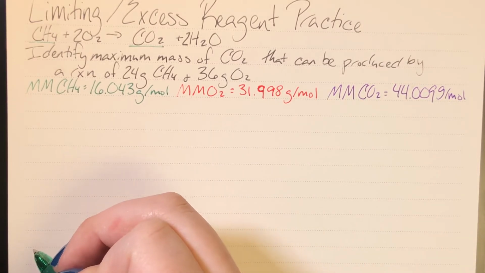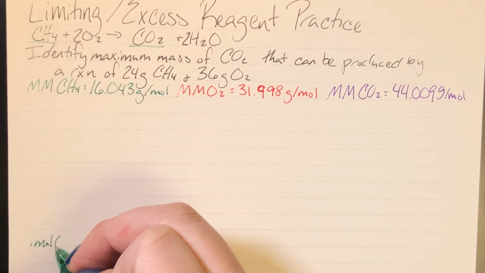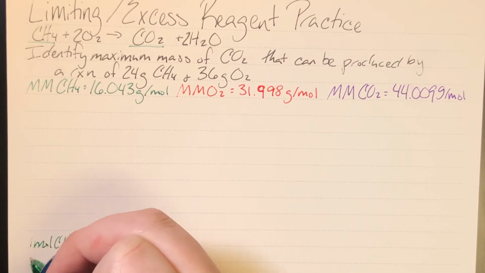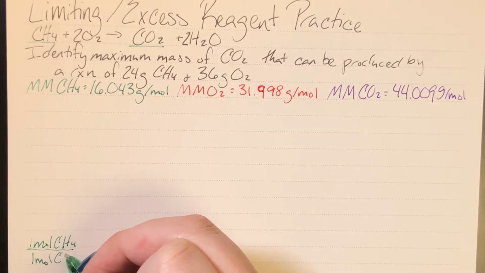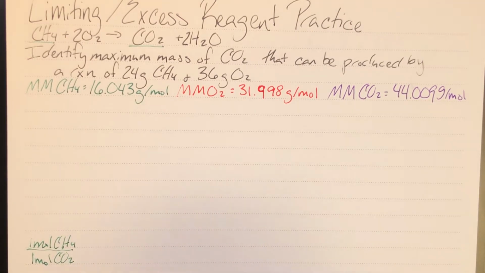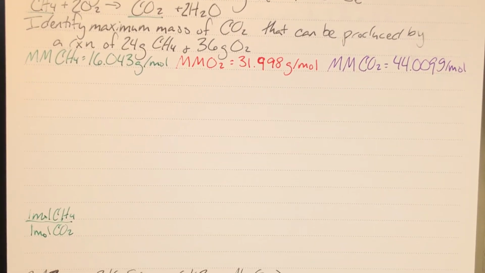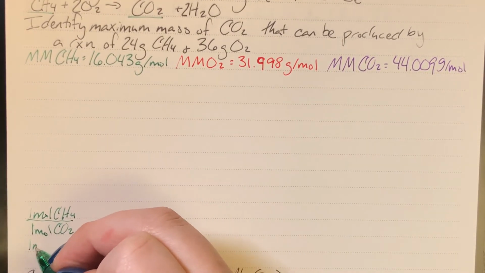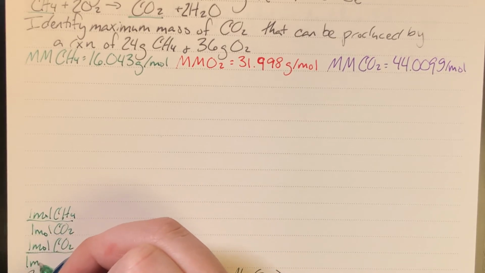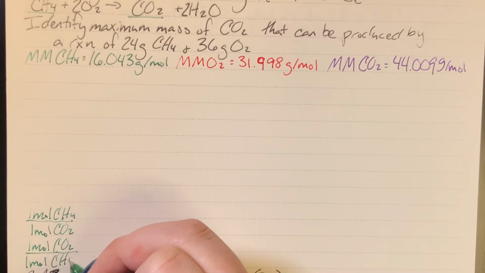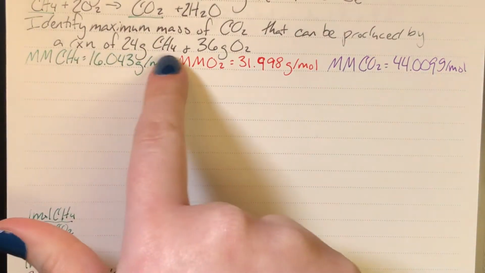So let's see, I have 1 mole of methane for every 1 mole of carbon dioxide, and that means I'm also going to have 1 mole of carbon dioxide for every 1 mole of methane. So that's the mole-to-mole ratio that I need for this green reaction.